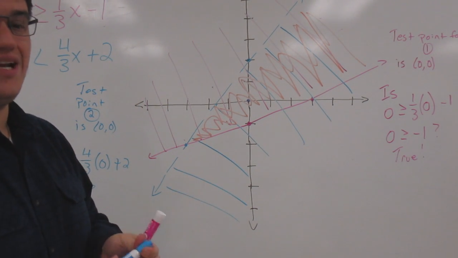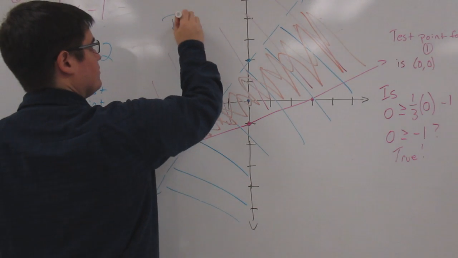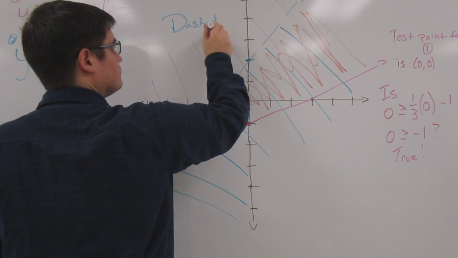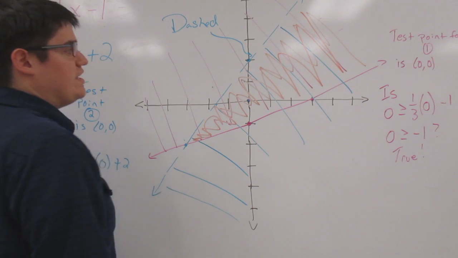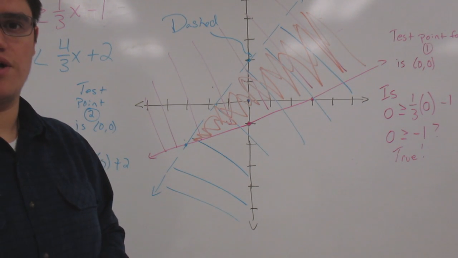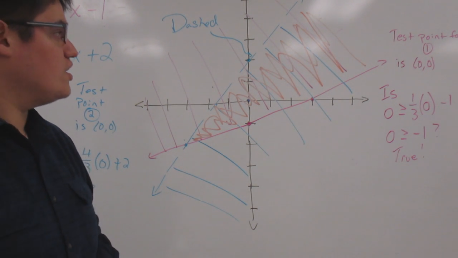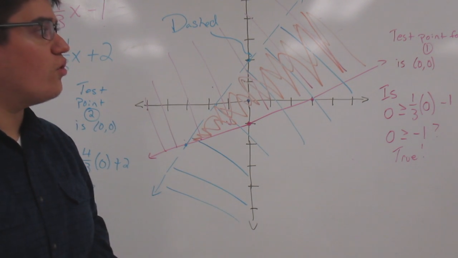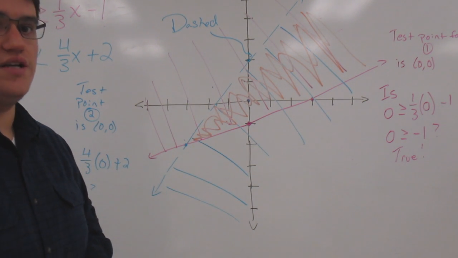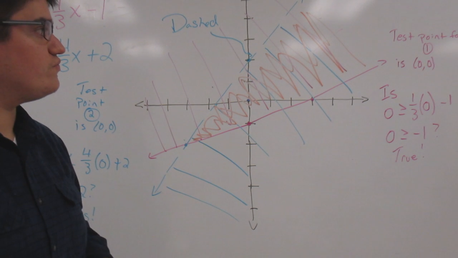If you wrote this in pen and you're really lazy, just write dashed, and I'll kind of know what you were talking about. Okay? So again, this color here in the orange is our solution set for that system of inequalities.